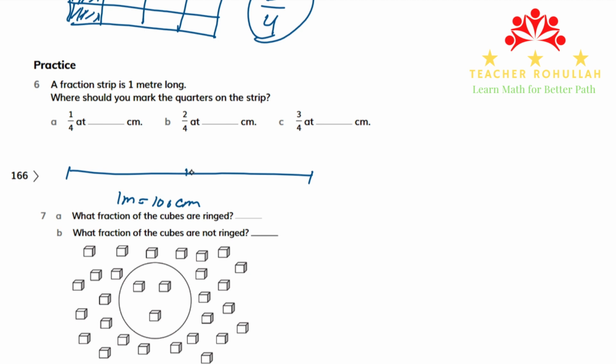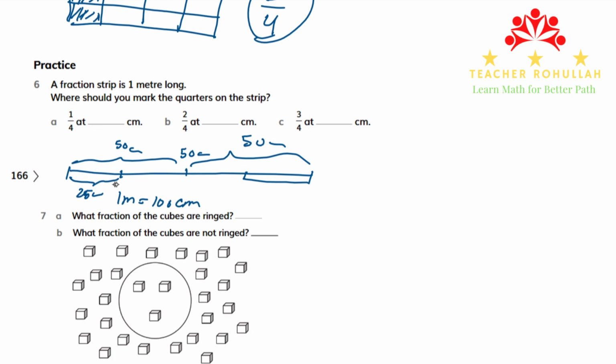If we cut it into halves, it will be 50 centimeters on each side. 50 here and 50 here. And if we cut it into fourths or quarters, half of 50 is 25. This is 25 centimeters, this one also 25, and this one also 25.